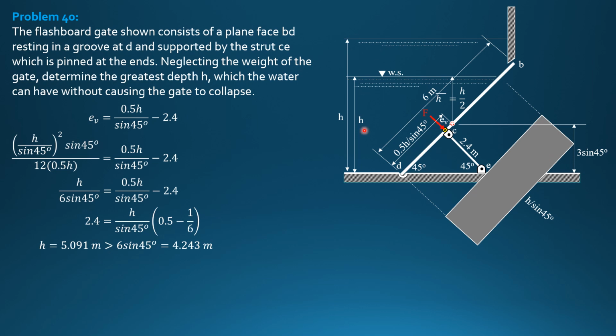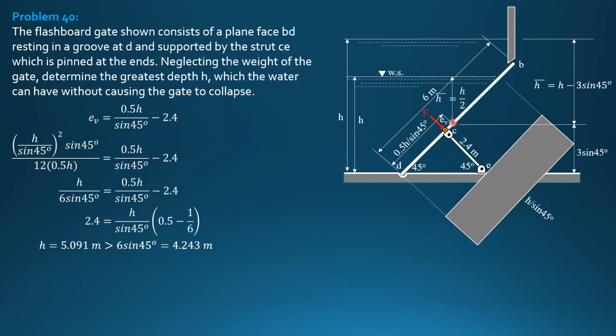If this is h, then this is h bar. h bar is h minus 3 sine 45. The vertical distance of the centroid to the water surface is h minus 3 sine of 45.